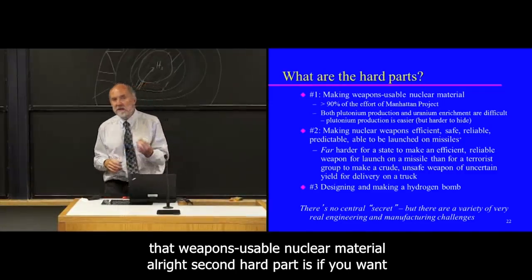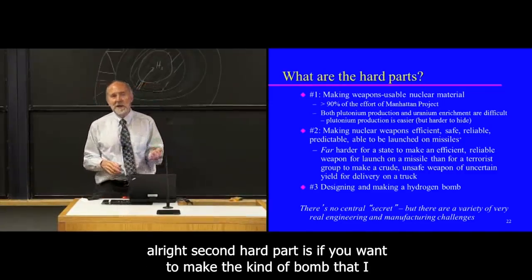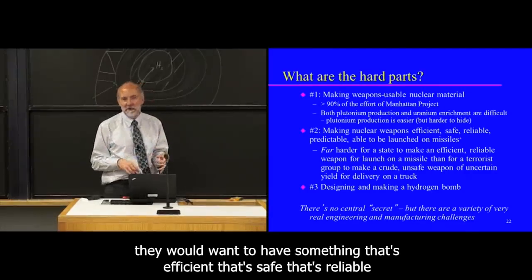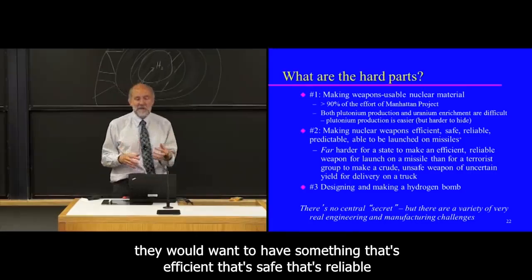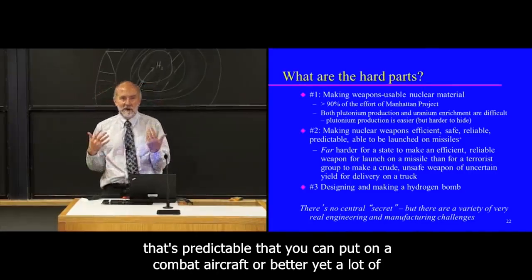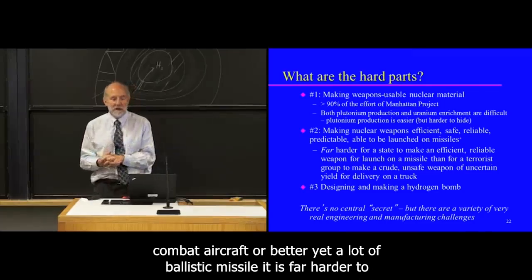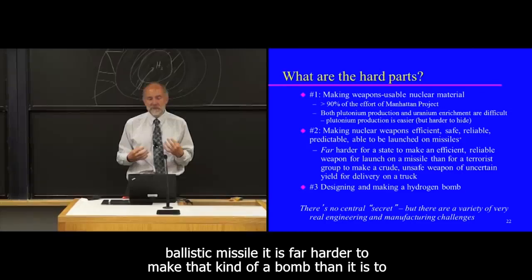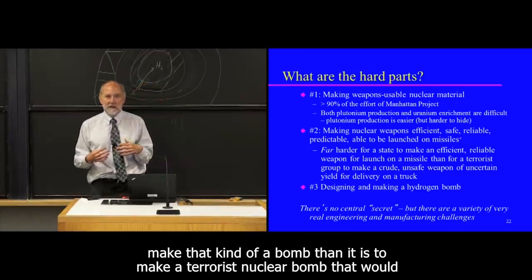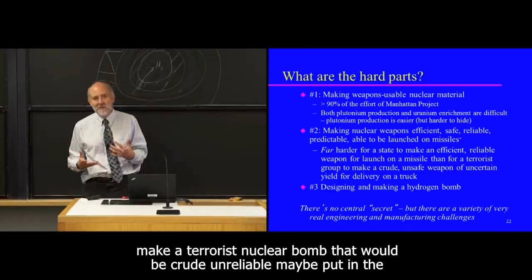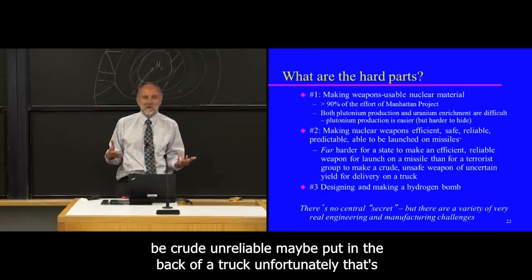All right, second hard part is if you want to make the kind of bomb that a state would want to have, something that's efficient, that's safe, that's reliable, that's predictable, that you can put on a combat aircraft or better yet on a ballistic missile. It is far harder to make that kind of a bomb than it is to make a terrorist nuclear bomb that would be crude, unreliable, maybe put in the back of a truck.